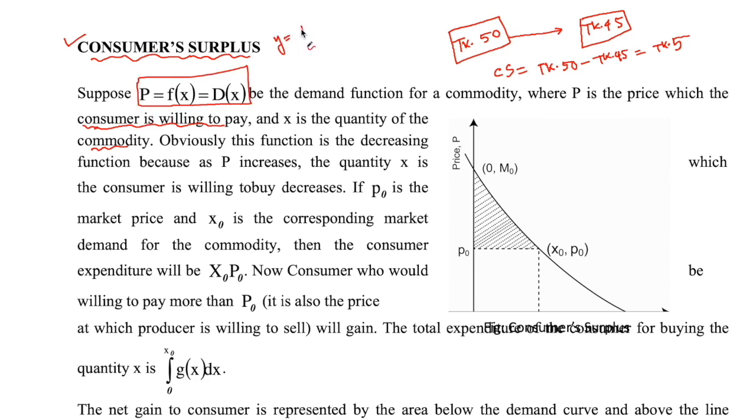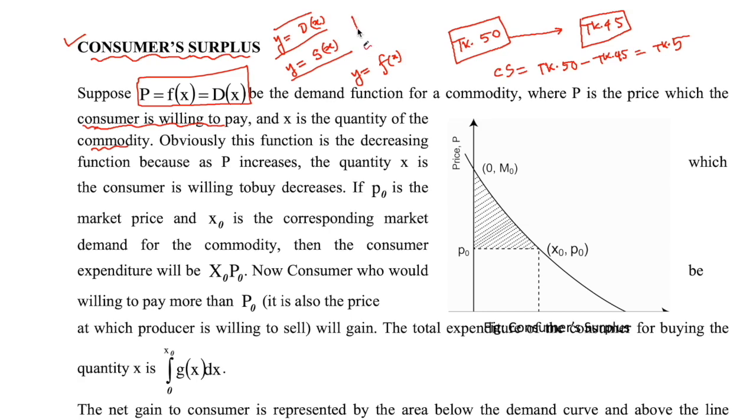Let's say the demand curve is y equal to d(x), and another curve is the supply curve, y equal to s(x). Mathematically, when we define a function, we write y as a function of x like this. But in economics, for the demand and supply curves, both are related to price.